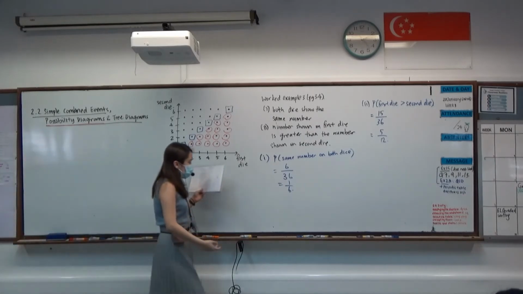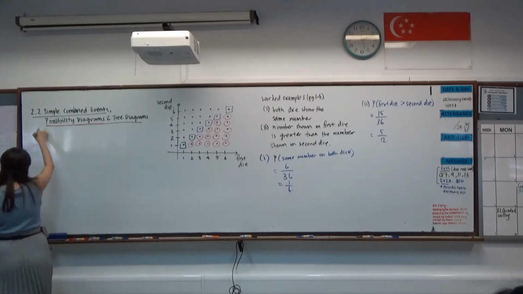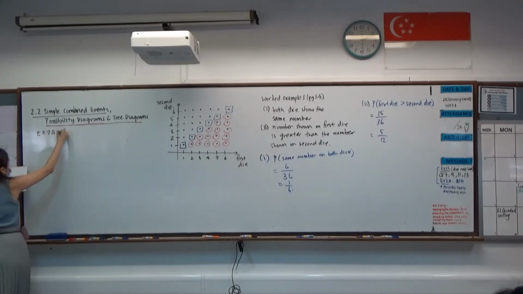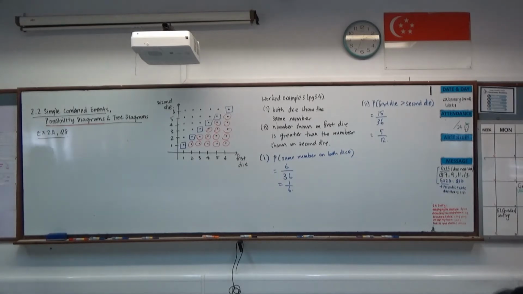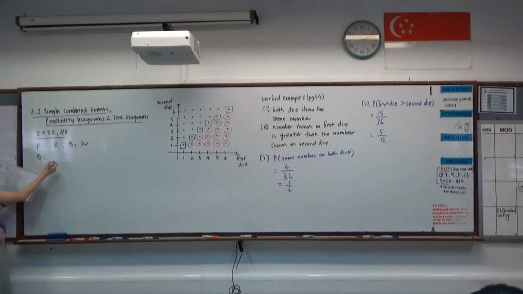I just want to do a quick run through of how the possibility diagram can be applied to exercise 2A question 8, which was the question that we did yesterday. In this question, we had bag P and bag Q, where we had red, blue, and white in bag P, and in bag Q we have blue and red.